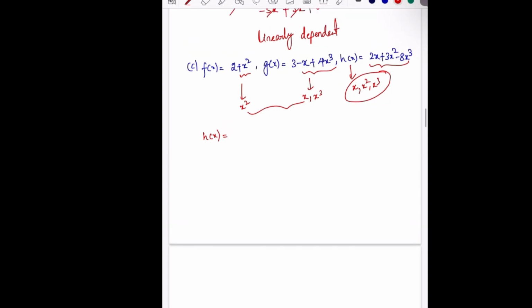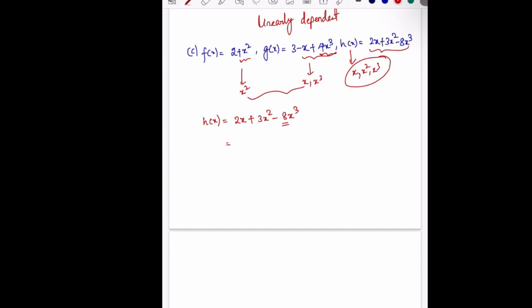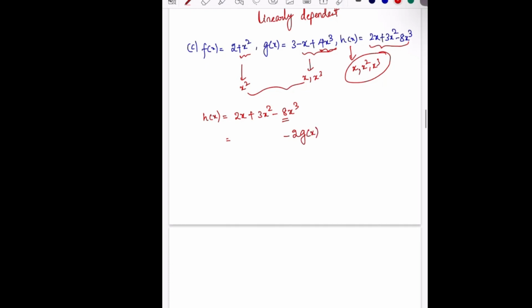And for f of x, here the x square coefficient is 1 in this case, but you are saying there is 3 here.